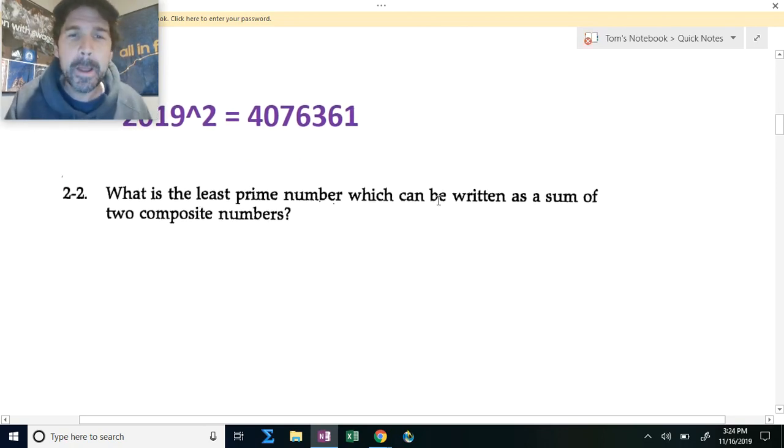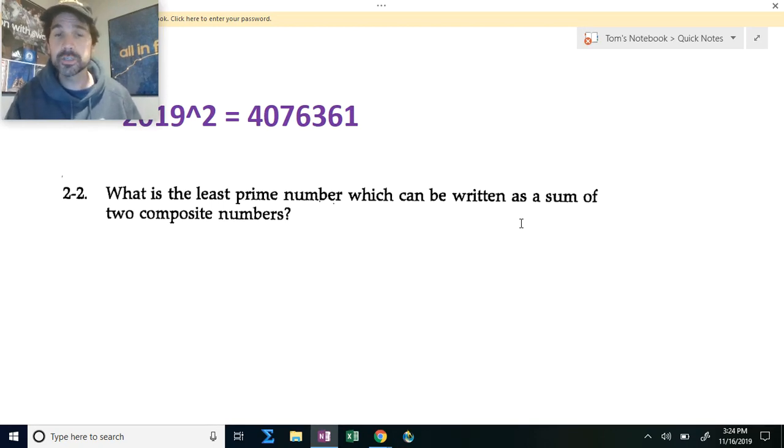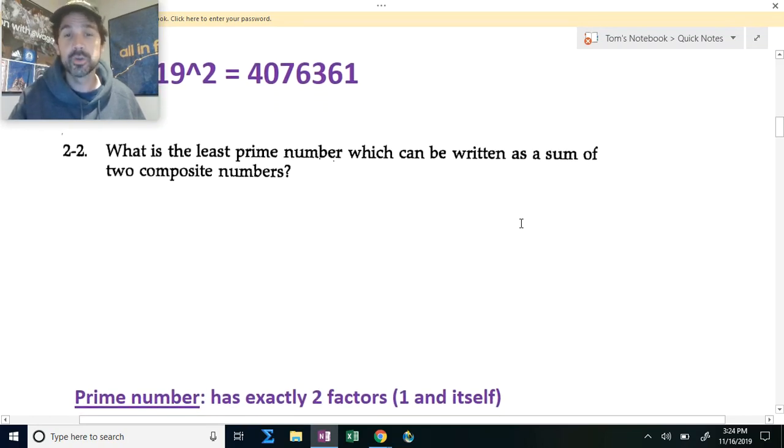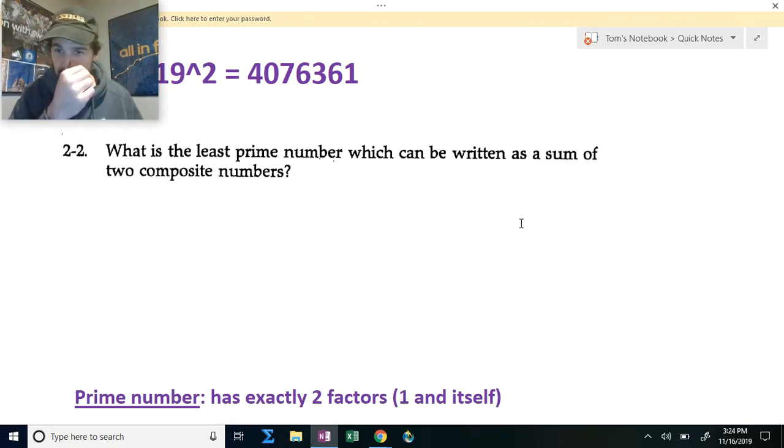What is the least prime number which can be written as the sum of 2 composite numbers? Let's do a quick review of what prime numbers and composite numbers are. A prime number is a number that has exactly 2 factors, 1 and itself. So some primes are like 2, 3, 5, 7, 11, 13.